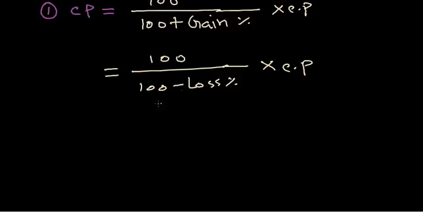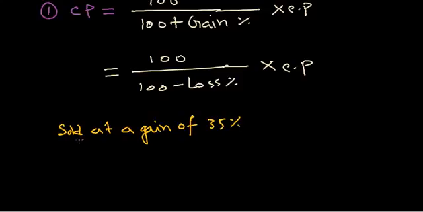Another important thing I want to tell you is not a formula, it's a concept. The concept is, if it is told that an article is sold at a gain of 35%, for example, what is going to be the selling price? The selling price is 135, right?